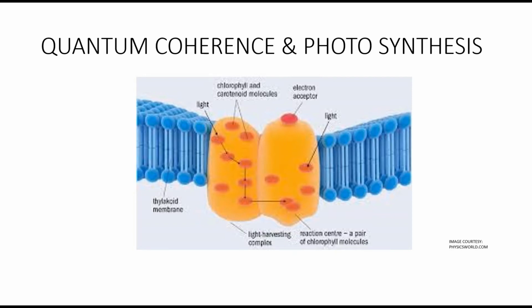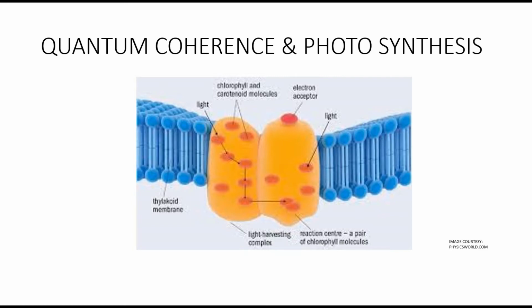It's magical. Photosynthesis is the process by which green plants and certain other organisms like bacteria transform light energy into chemical energy. During photosynthesis in green plants, light energy is captured and used to convert water, carbon dioxide and minerals into oxygen and oxygen-rich organic compounds.